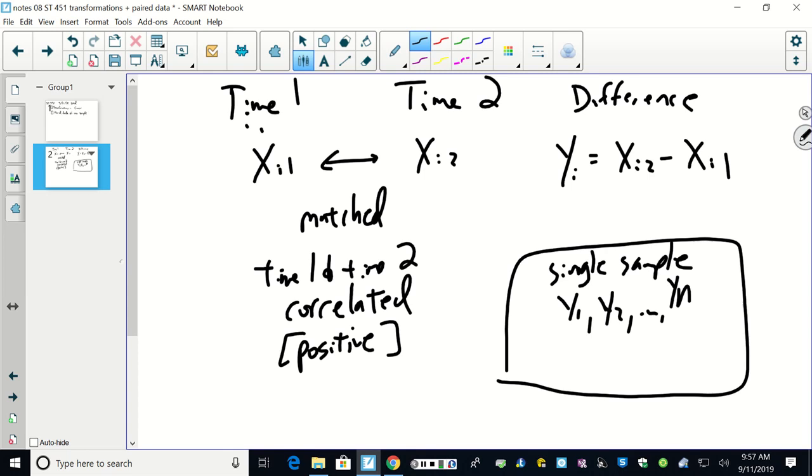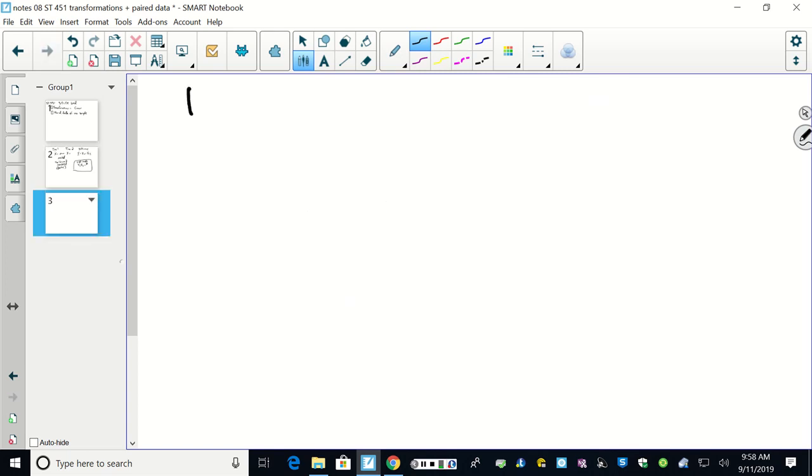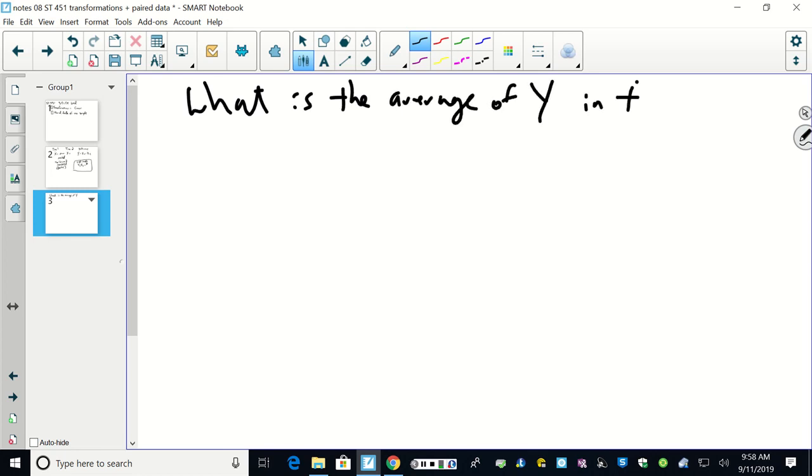So if we want to know something about the average of the single sample or the average difference, we can be interested in the mean. What is the average of y in the population? So we could be interested in mu.